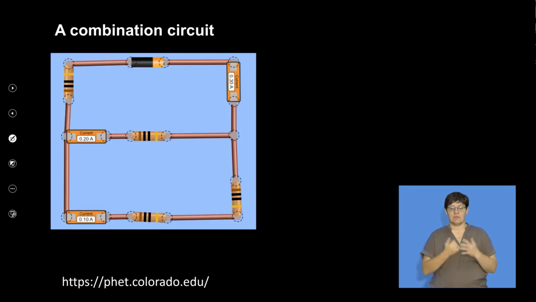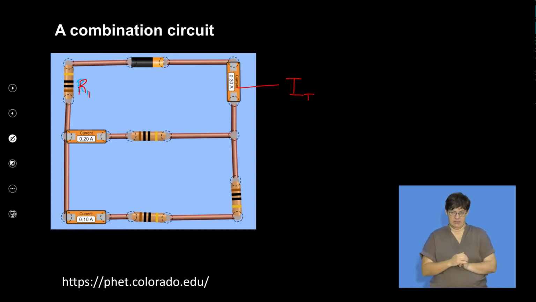Now, if you look at this combination circuit, let's call this resistor R1, just to use a different color. All the current passes through R1, so the current through R1 is the total current in this case, which is 0.3 amperes.